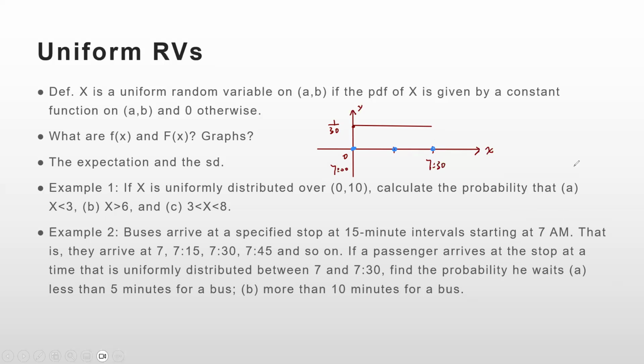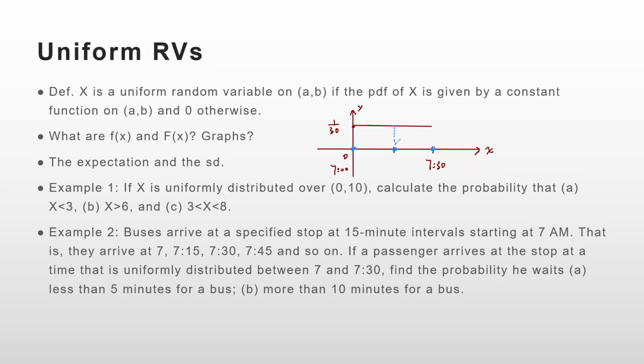After 7 o'clock, when he arrives from 7 to 7:30, the 7 o'clock bus should already be gone. And the probability that the person arrives at exactly 7 a.m. would be considered zero because we're talking about a continuous distribution. So we don't need to worry about the 7 o'clock issue.